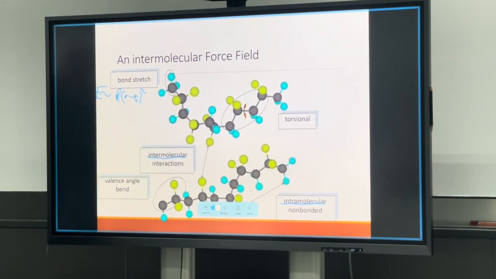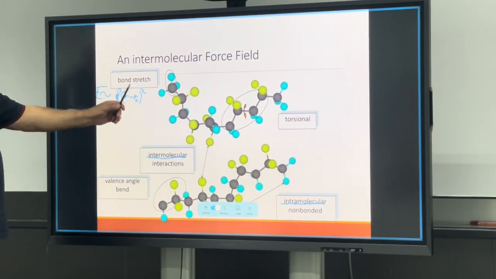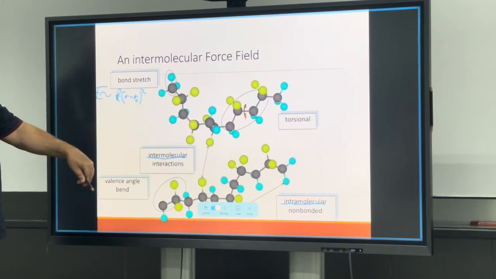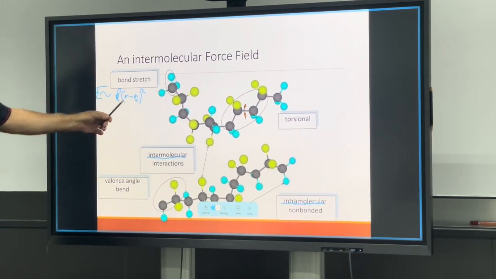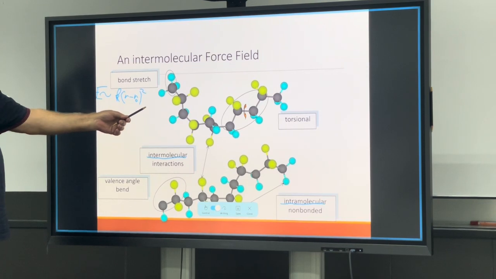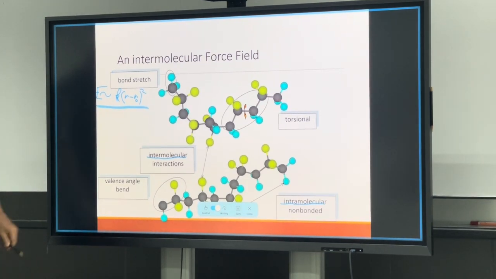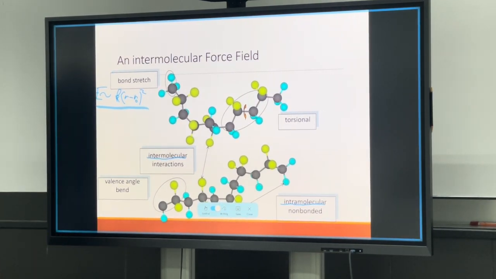Now the question is, maybe it will be on the slides later, but I have just written it down. A simple possibility how one could say this is the energy which comes from the bond stretch.